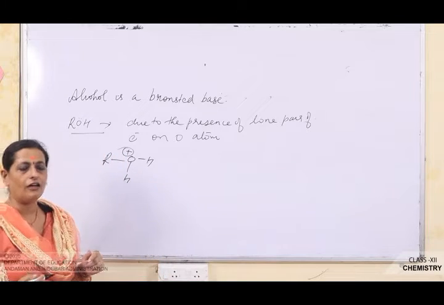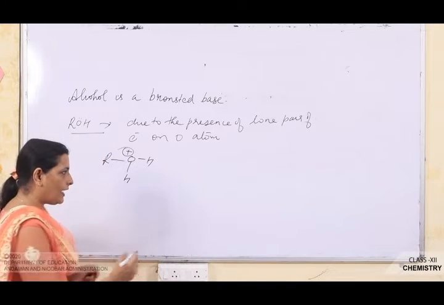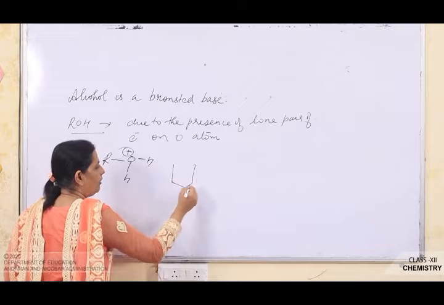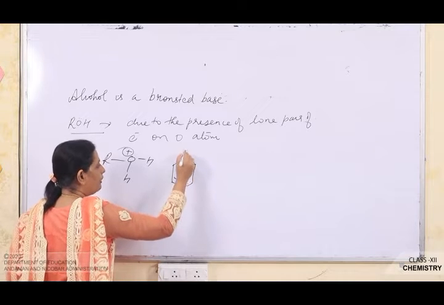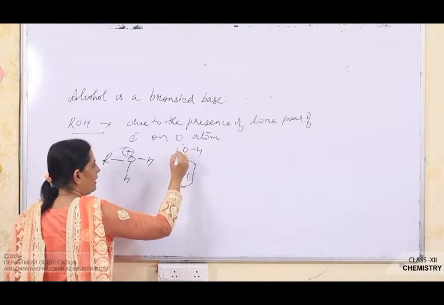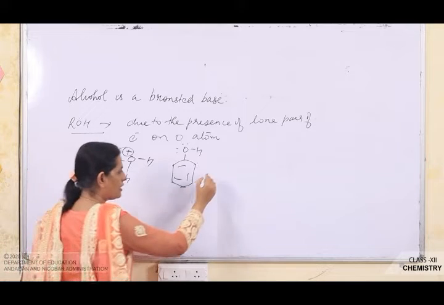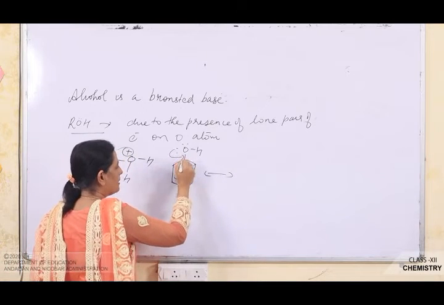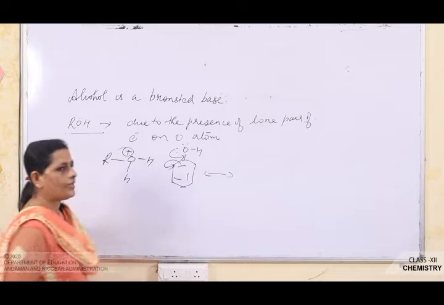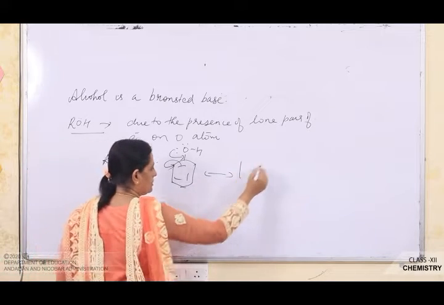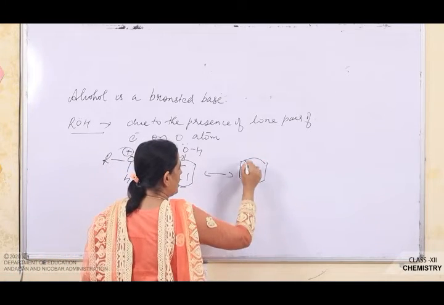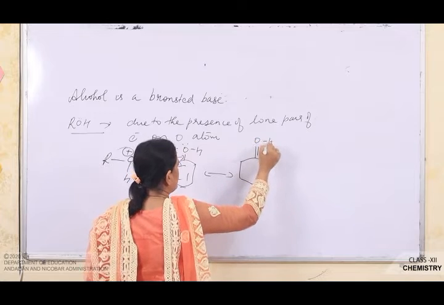Now when you see phenol, phenol is not a Bronsted base. Why? Even though in phenol the oxygen is having what? A lone pair of electrons. Why is phenol not a Bronsted base? Because the lone pair is involved in conjugation with the pi electrons of the benzene ring. So the oxygen atom gets what charge? Partial positive charge.